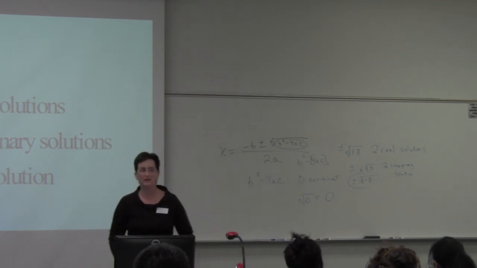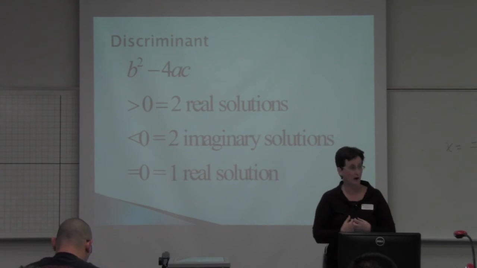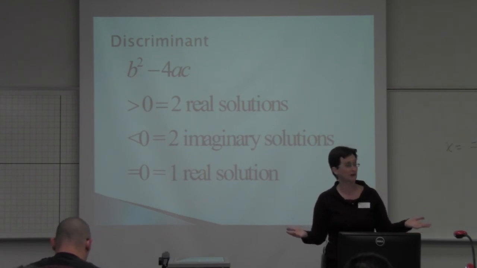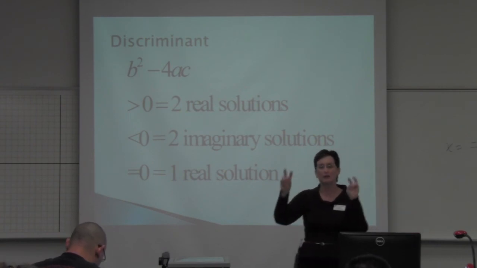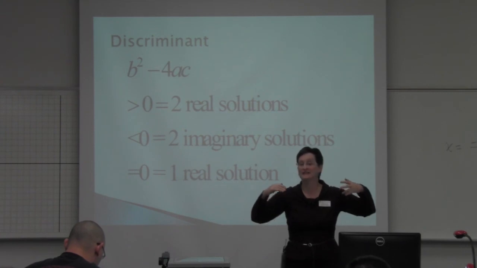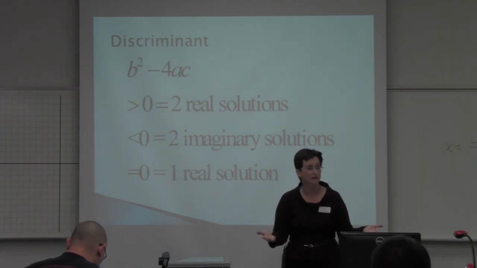Now, why would we need this information? If you're doing a math problem, it doesn't matter if it's imaginary. You better do it. If it is a real life problem, and your answer is negative i square root of 3, is that going to be helpful?